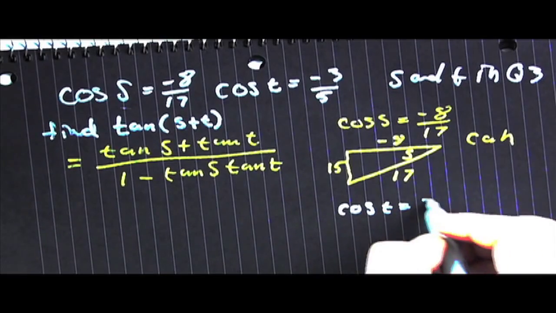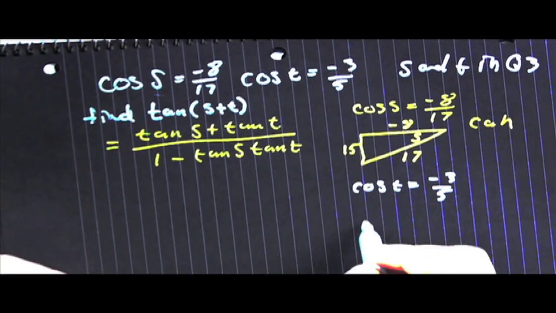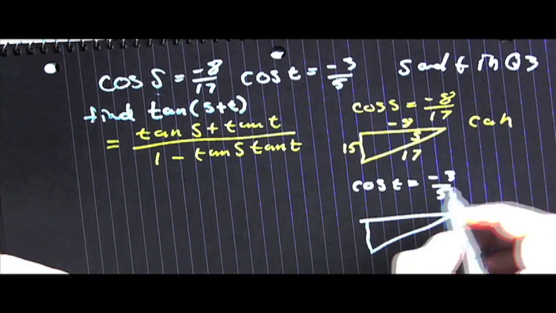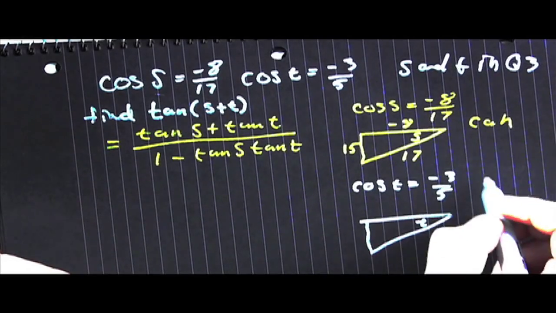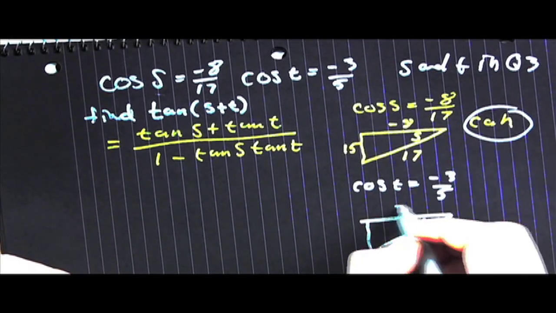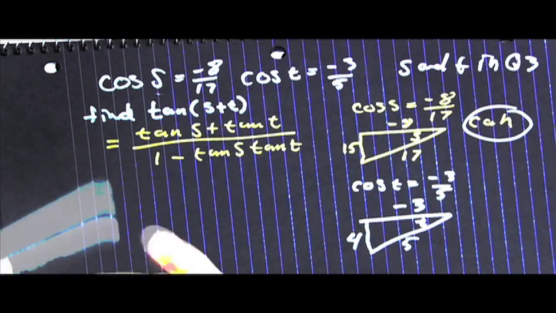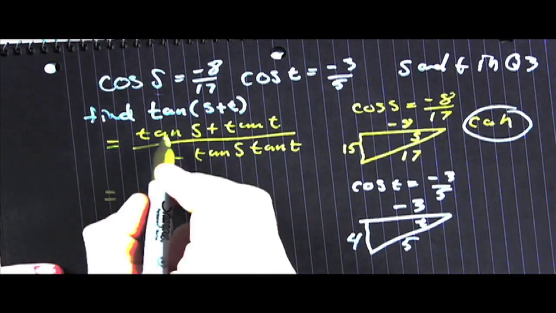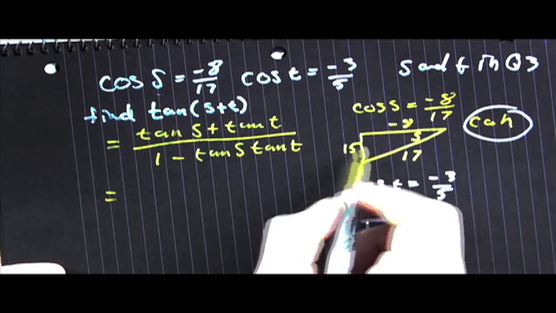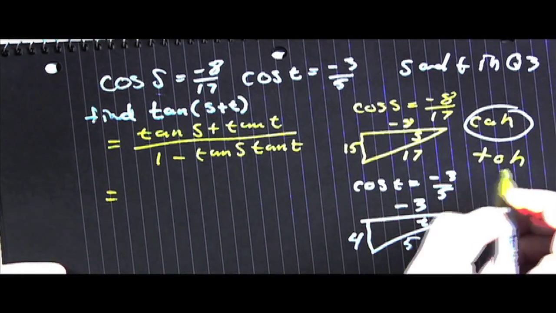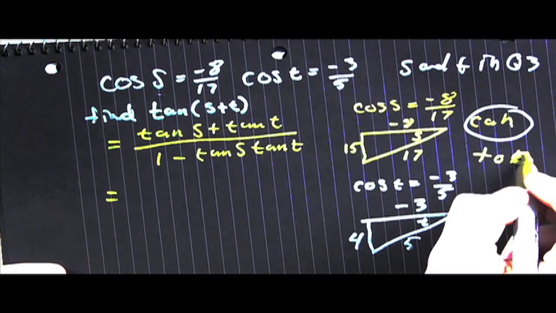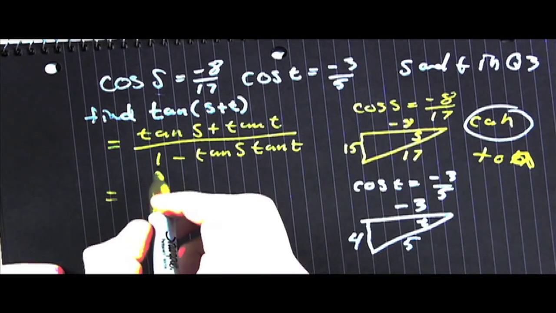Now let's make it for the T triangle. Again, it's adjacent over hypotenuse, so we label the adjacent side minus 3 and the hypotenuse, that should be a minus 4 too, also, in addition. Now, let's fill in the tangent of both of those triangles using the opposite and the adjacent.